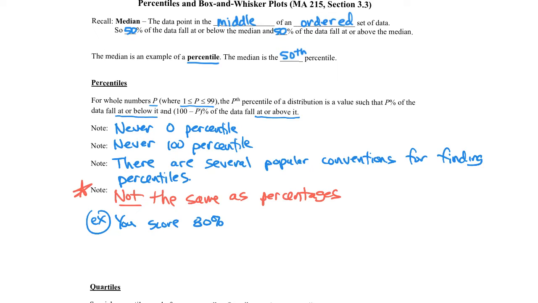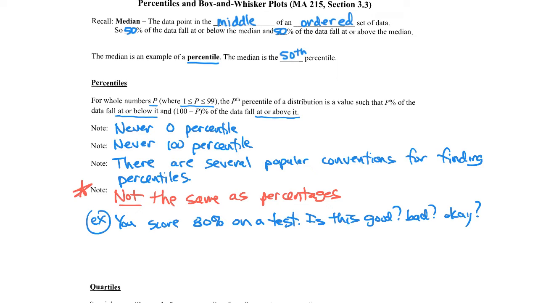So you get 80% of the answers correct. You score 80% on a test. And the question is, is this good? Bad? Maybe just okay? Well, what percentiles can do is they can help you answer that.